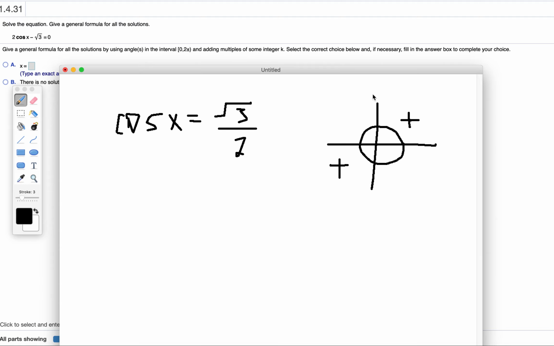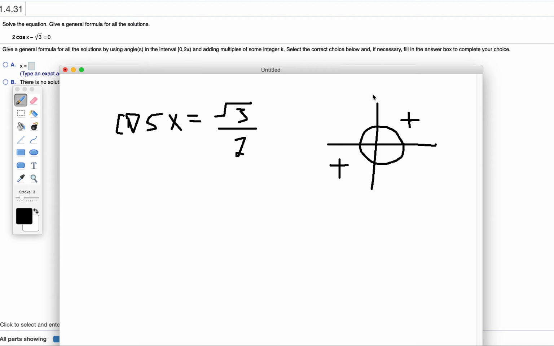So what I have to do is account for the specific answers between 0 and 2 pi, which would be the entire circle, but I also have to account for the multiples of that answer.